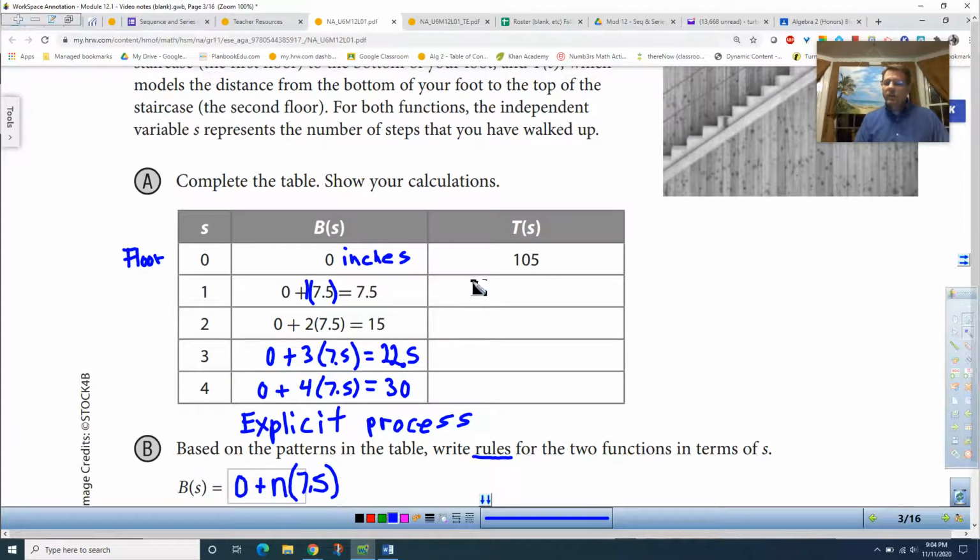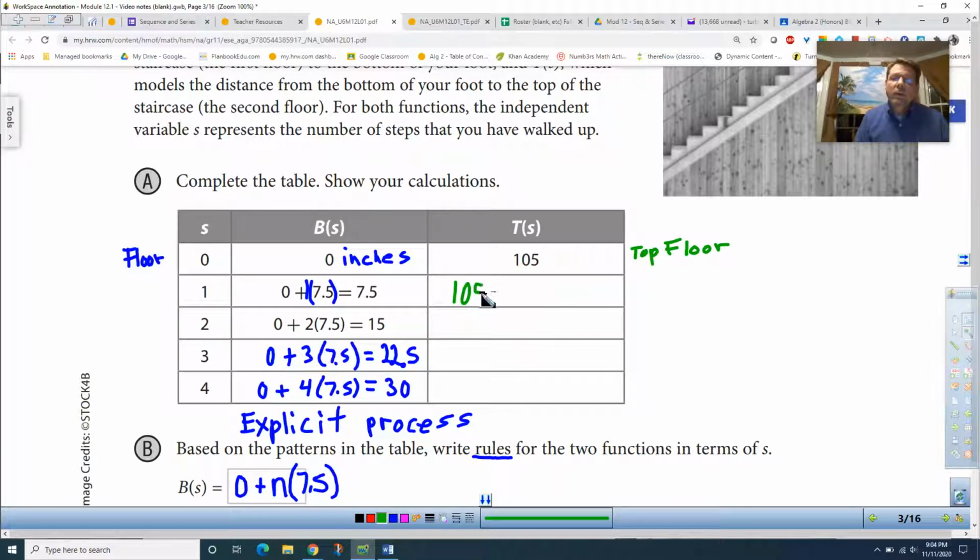Okay. Then here we go. But here we are, we said 105. So this is the top floor, right? When you start at the top floor, we're going to count the top floor as step 0, because you're at the top coming down.